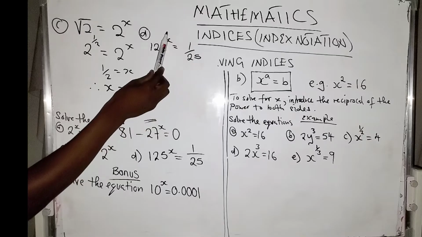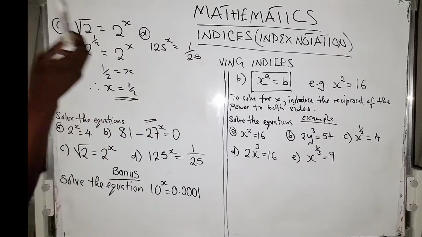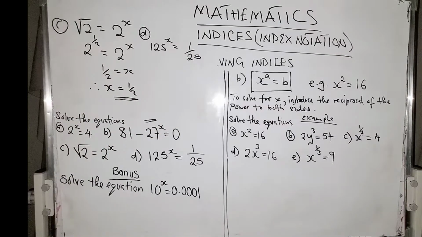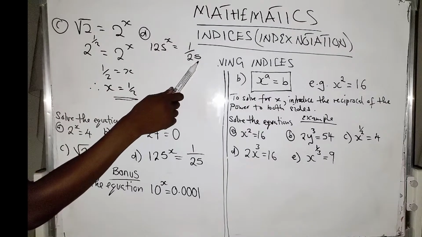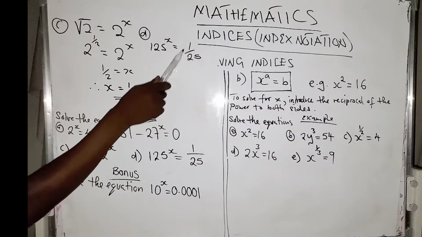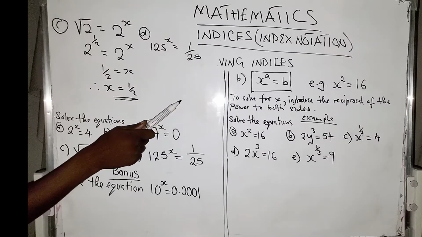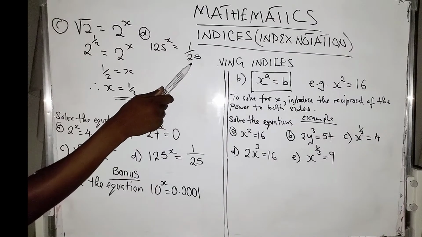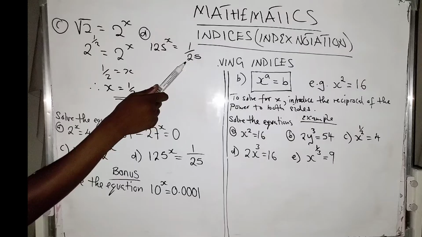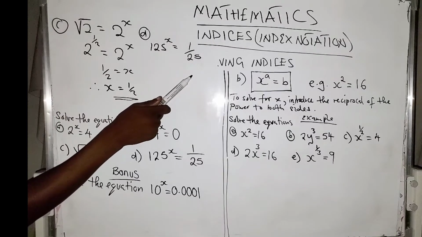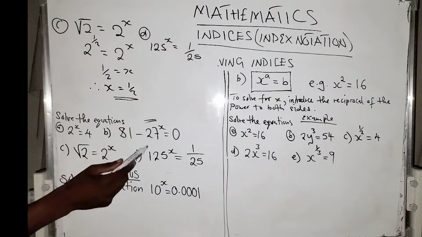This is 125 to the power x. This is 1 over 25, right? Now let's do this. This 1 over 25 can be changed to a negative power, right? As 25 to the power negative what? 1. Yeah, 25 to the power negative 1.